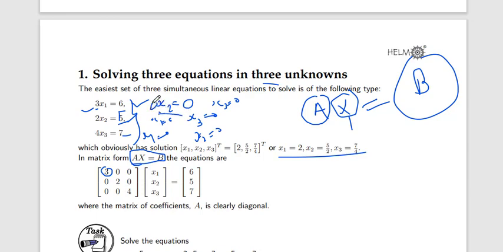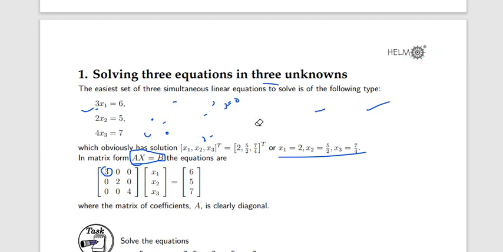It is 0. If we write this equation, it is 3x1 plus 0x2 plus 0x3 is equal to 6.